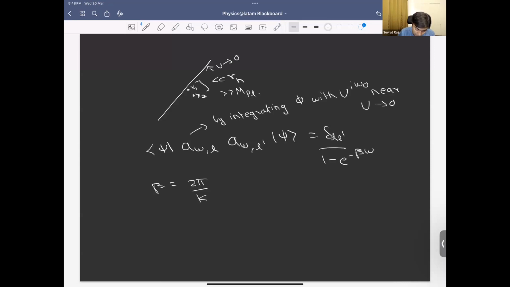So they were obtained basically by looking at this very near horizon region and integrating it with some function of this kind, which oscillates with some given frequency as u goes to 0.